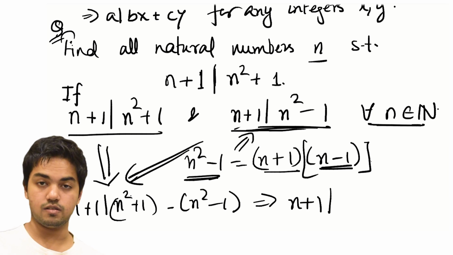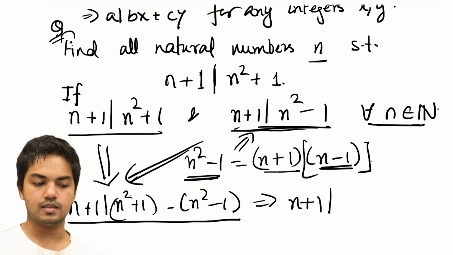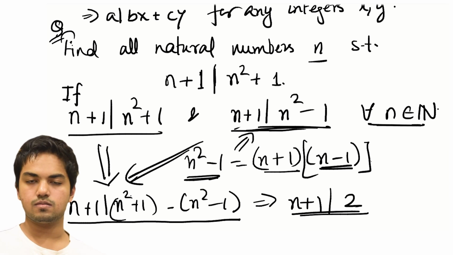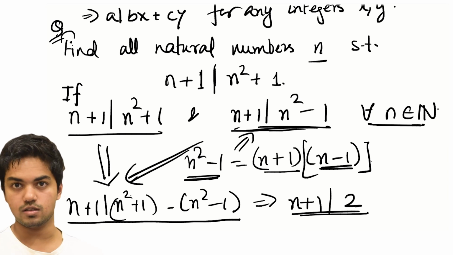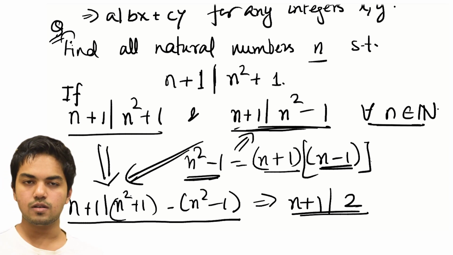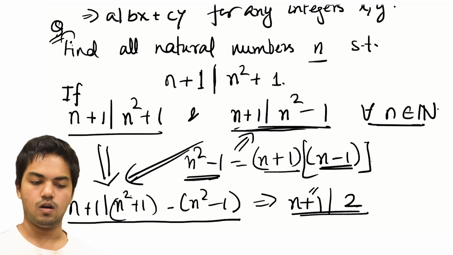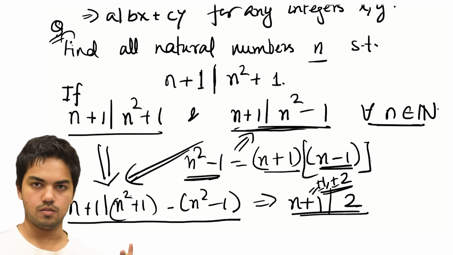If n plus 1 were to divide n square plus 1, then n plus 1 would have to divide this thing, which implies that n plus 1 divides 2. Very few things divide 2. From here, I'll assign as homework to see which numbers n can be. N plus 1 has very few choices. N plus 1 can either be 1, minus 1, 2, or minus 2. So there are 4 numbers which do this job.